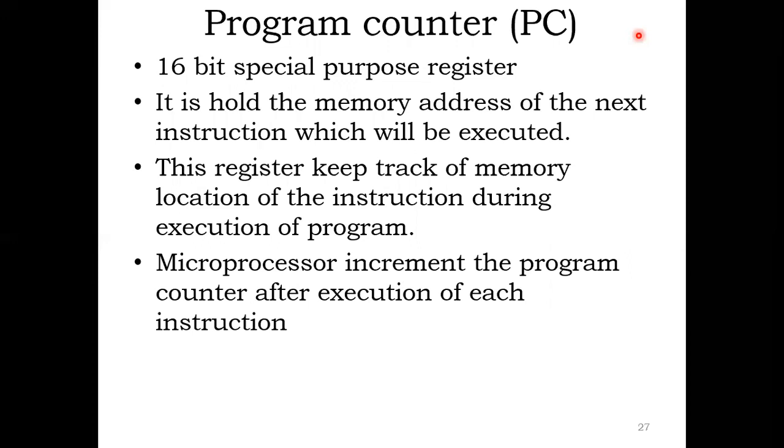It holds the memory address of the next instruction which will be executed. This register keeps track of the memory location of the instruction during the execution of the program. The microprocessor increments the program counter after execution of each instruction. This is the operation of the PC.